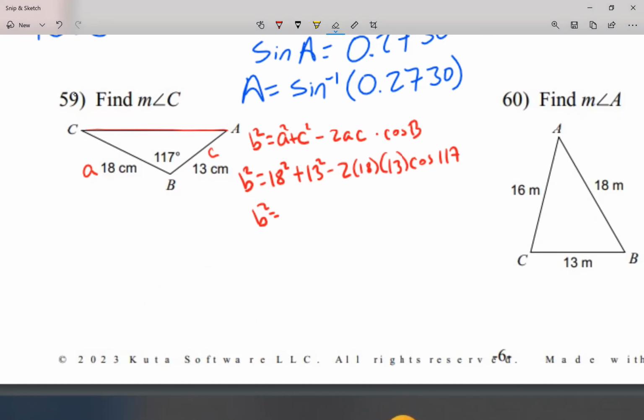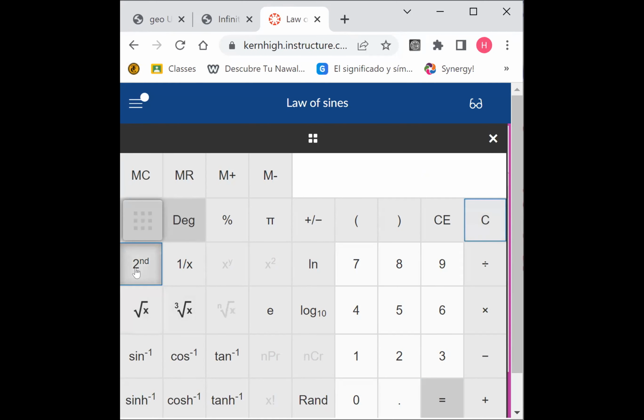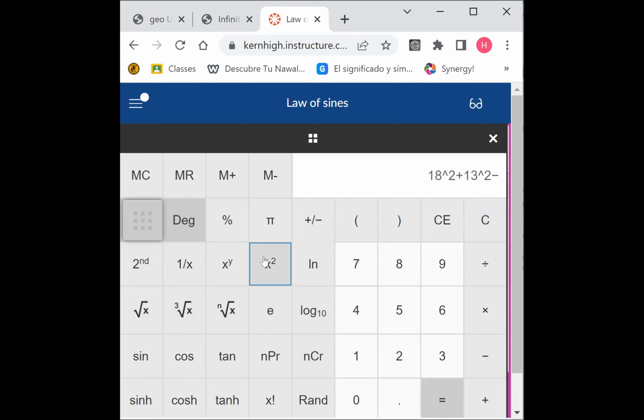Okay, all right, so let's go to a calculator. So 18 squared plus 13 squared minus 2 times 18 times 13 times cosine of 117.